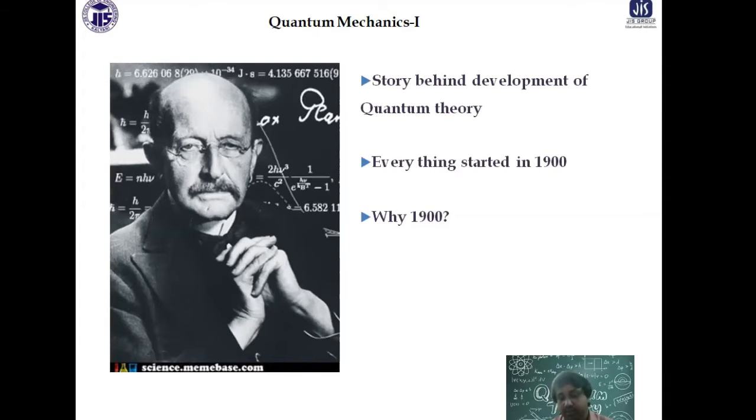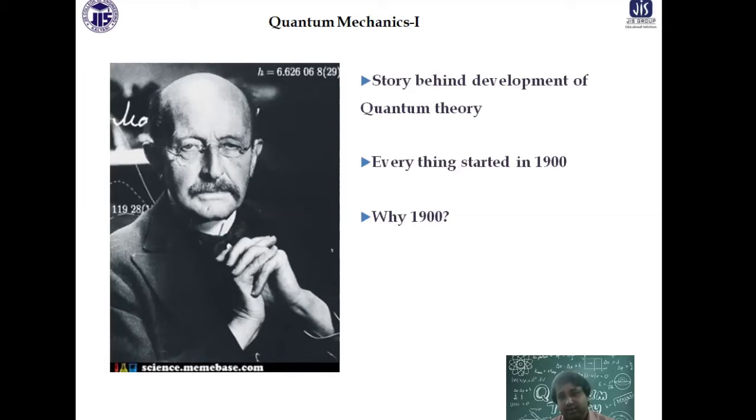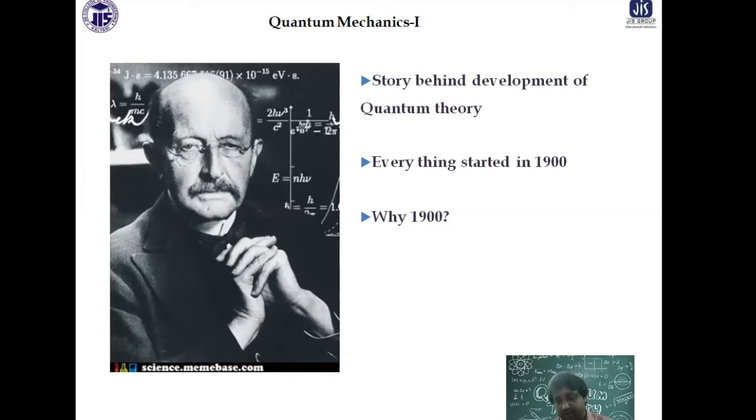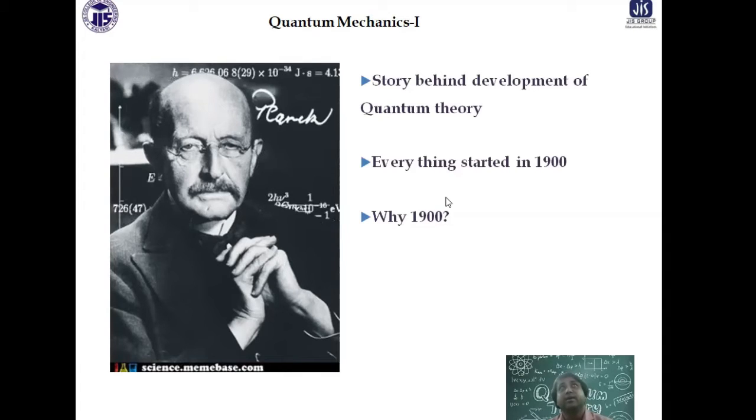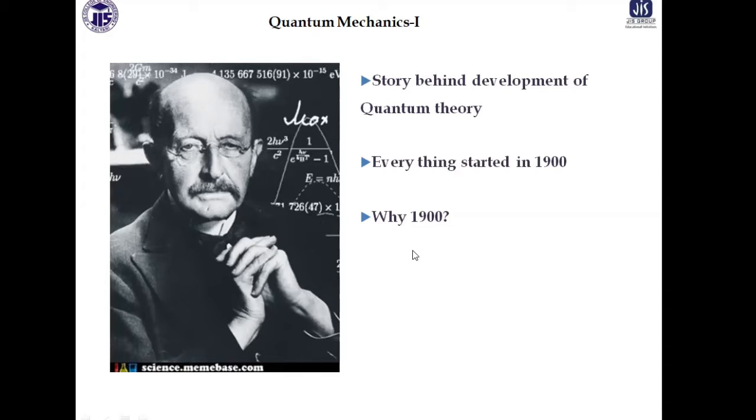As I mentioned in your first discussion also, you'll be learning quantum mechanics in two steps. In first year, we'll be talking a bit of theory, that is called quantum mechanics 1. Theory means how everything developed theoretically.